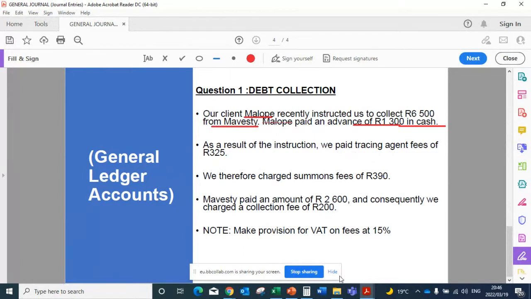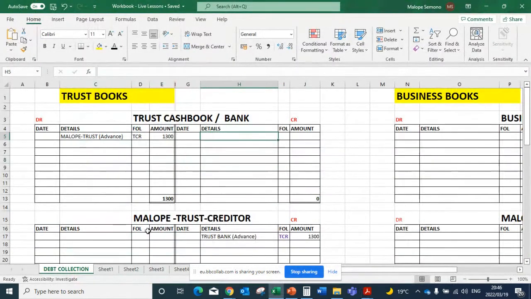So when we pay, obviously, remember we have already received the money in the trust books account. So we need to go and pay how much? 325. So I'm going to go back and make sure that I take 325 out of that money. Remember, this money belongs to Malope. So I'm going to say Malope Trust.